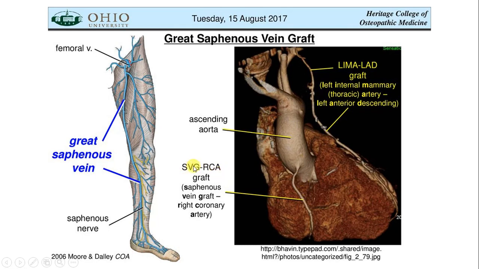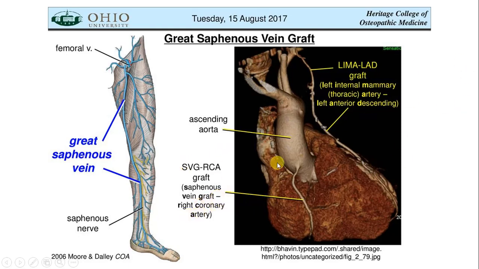So it's a saphenous vein graft to the RCA, from the aorta to the right coronary artery. And obviously, it is common sense that this has to be a reverse graft, because valves are present in this vein. So because valves are present, the distal end will be placed on the aorta and the proximal end on the RCA. So, a reverse saphenous vein graft.